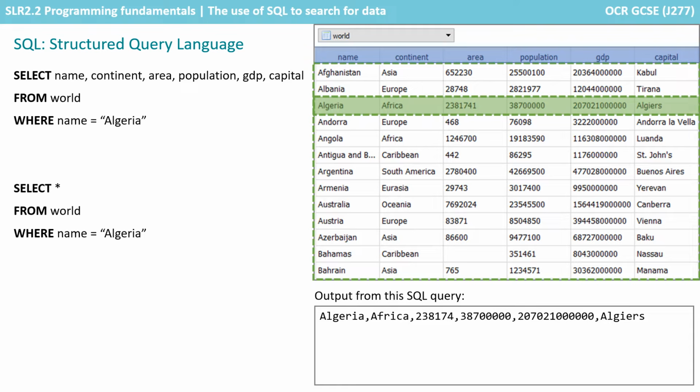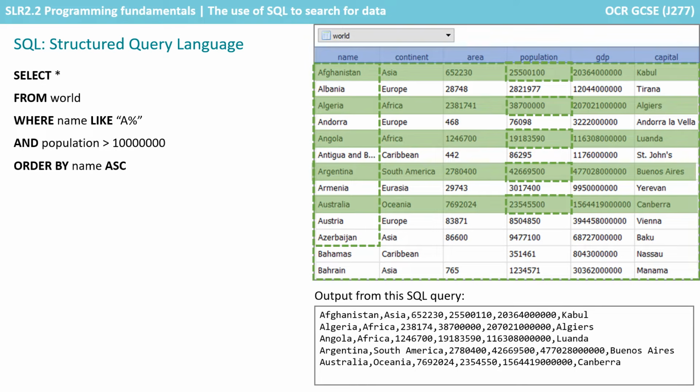Of course what this is going to do is return all those fields you've listed in the select clause to the screen, and we can see it in the bottom right hand corner. Now, as mentioned briefly earlier, because we want to select all the field names in the world table, we can shorten that first line and say select asterisk, which is the same as saying select all.